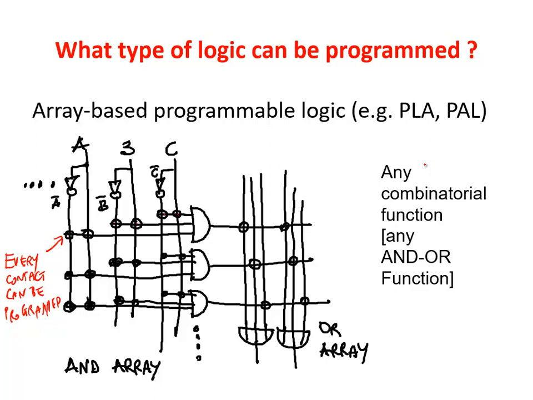For example, the array-based programmable logic, the so-called PLA or PAL, works by opening and closing a contact. In the case of a PLA, you have an AND array and an OR array.